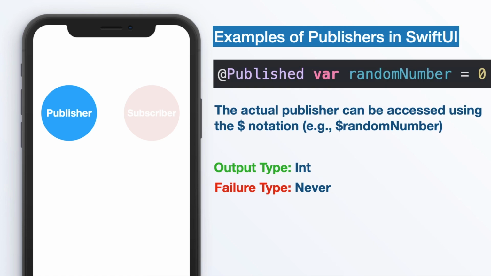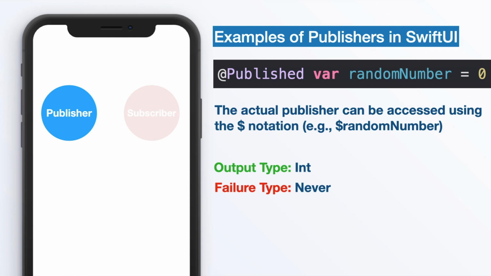Now let's have an example of publishers in SwiftUI. In SwiftUI, you often have an observable object which has a published property, in this case a random number, which is of type integer. By adding the property wrapper @Published in front of this integer variable, we are wrapping this variable and giving it additional capabilities.